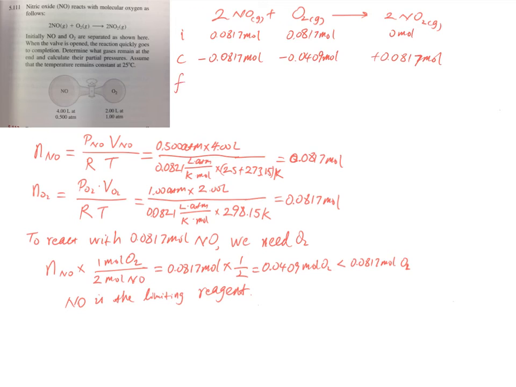So in the final state we have 0 mole of nitric oxide, the limiting reagent, 0.0408 mole of oxygen remaining, and 0.0817 mole of nitrogen dioxide. This is the final state.